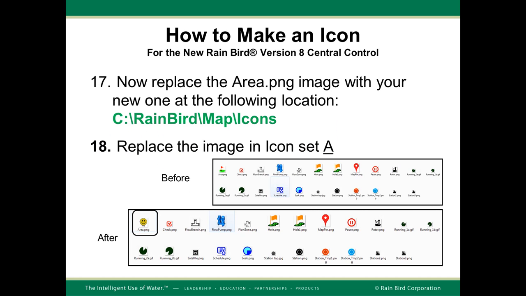Now, open up the C:/Rainbird map icons, icon set A directory, copy your area.png image into that directory in place of the area PNG that is in there. When you copy and replace, you'll see that before you had the standard area icon image, and after you have your new area icon image, shown here as the smiley marker.